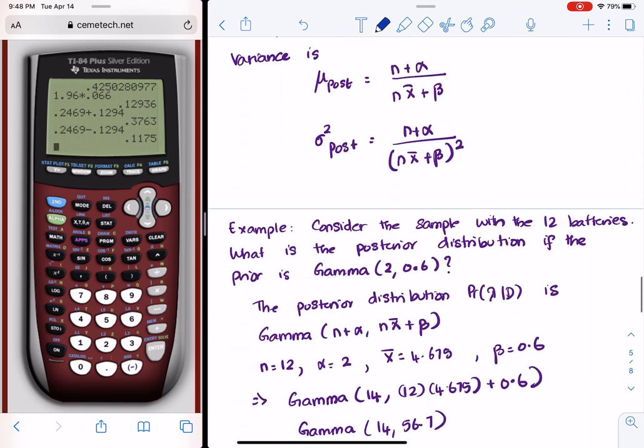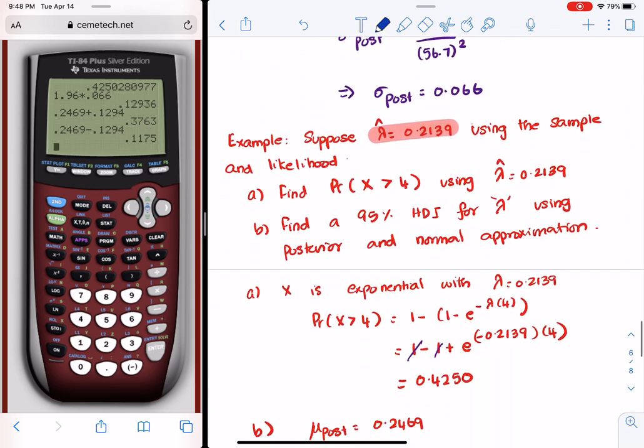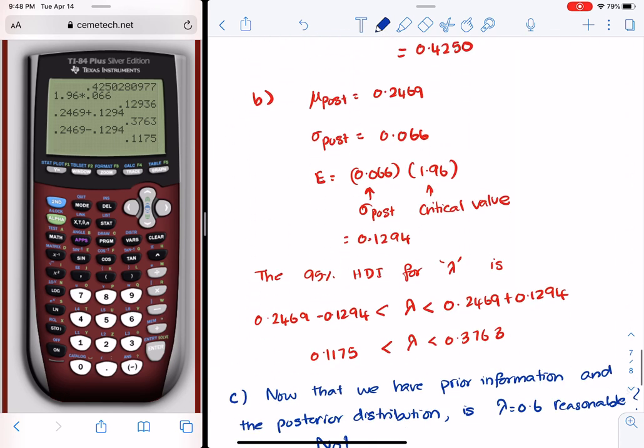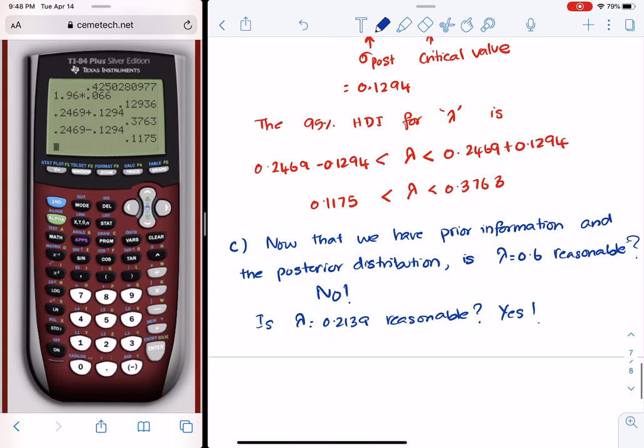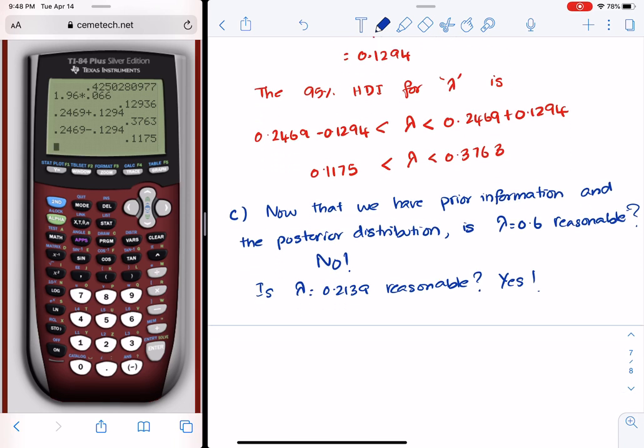So I've brought in some prior information and things changed, and yet the original likelihood-based estimator, the expected value of 0.2139, still falls in the high-density interval that we just found, which is lambda is likely to be between 0.1175 and 0.3763. And how credible is that interval? We are about 95% sure that lambda would lie between those two values.